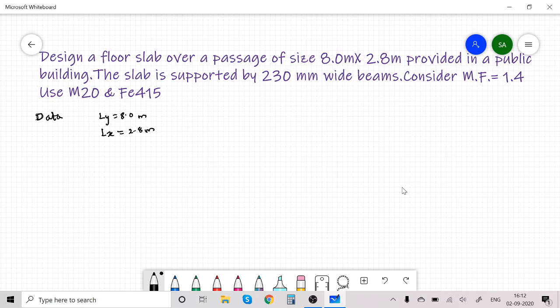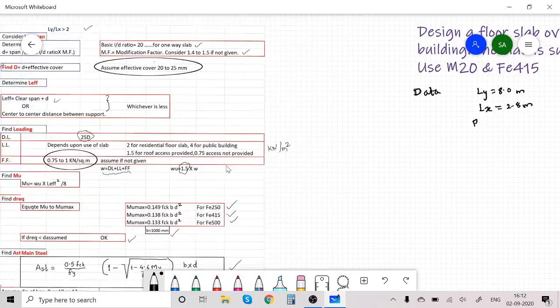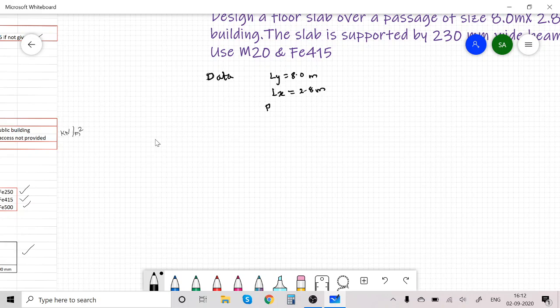So it is given that it is a public building. This data is useful for us while deciding the live load. So for public building floor slab, we consider live load as 4 kilonewton per meter square.